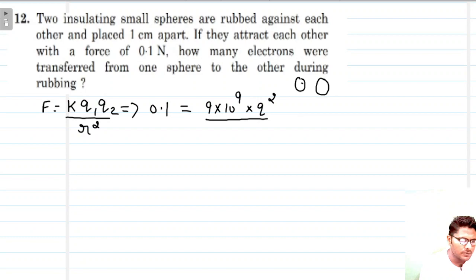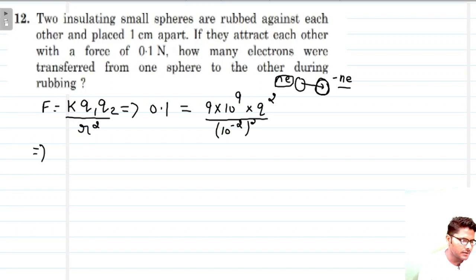The number of electrons moving from this to this: here it will be minus Ne charge, and here it will be plus Ne charge, because that many electrons are less in this. The separation between them is 1 centimeter, so you may say 10 raised to power minus 2 meter squared.